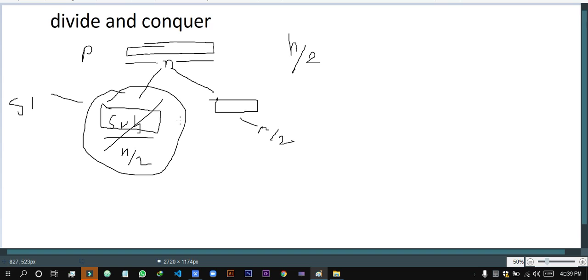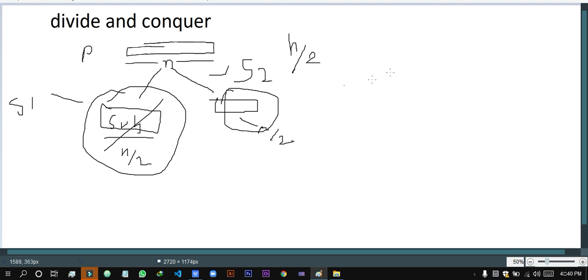So for this time, you can imagine that I sorted this array and its solution is S1, and I also sorted the other array and its solution is S2. I have two solutions.